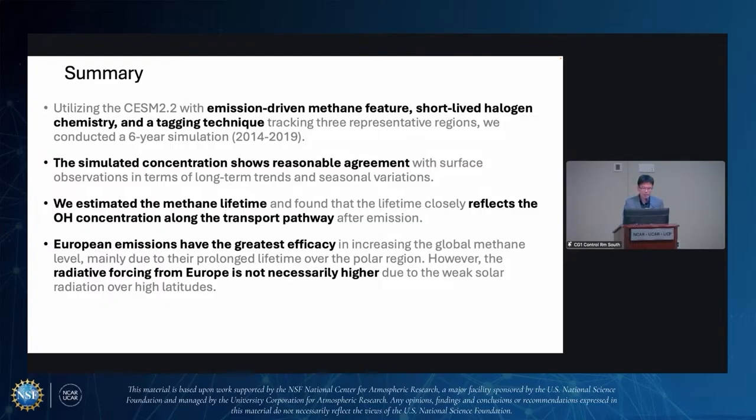We estimated the methane lifetime and found that the lifetime closely reflects the OH concentration along the transport pathway after emission. European emissions have the greatest efficacy in increasing the global methane level, mainly due to their prolonged lifetime over the polar region. However, the radiative forcing from Europe is not necessarily higher due to the weaker solar radiation over the high latitudes.